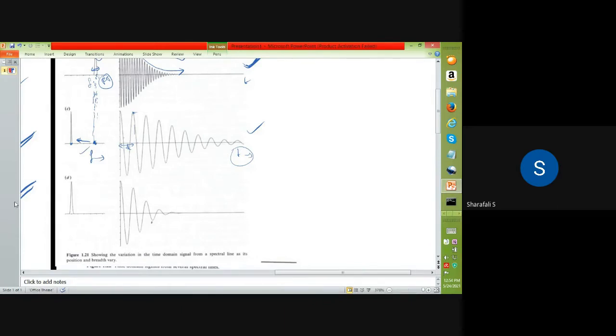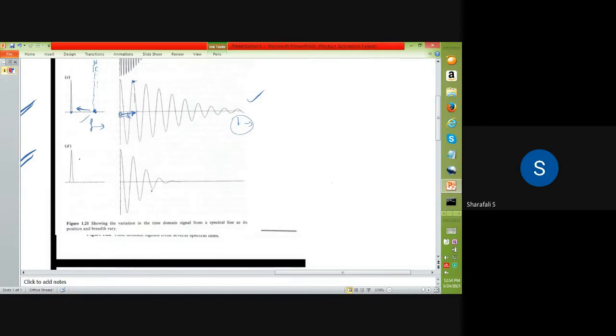So in this case, this has a smaller frequency because it has a larger time period. When you convert that frequency domain into the time domain, you can see that the decay rate here is the same as before, the first case, figure A.